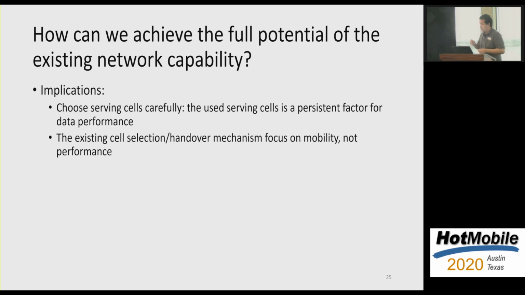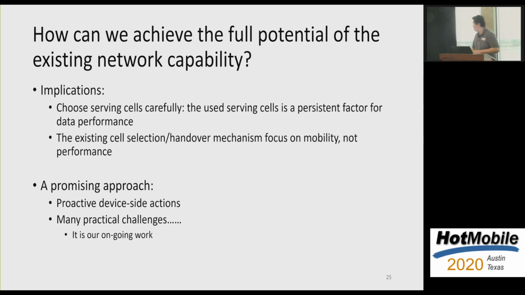But based on our measurement results, the used serving cell is actually a persistent factor that can influence data performance. The second implication is that the existing cell selection and handover mechanisms are designed for mobility, and they focus on mobility, but they are not optimized for data performance.